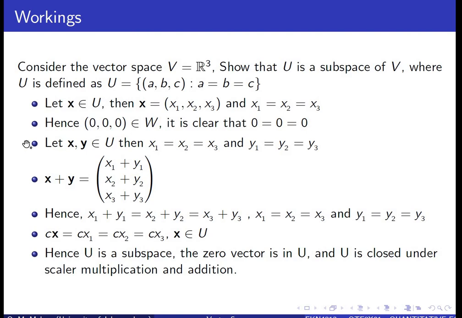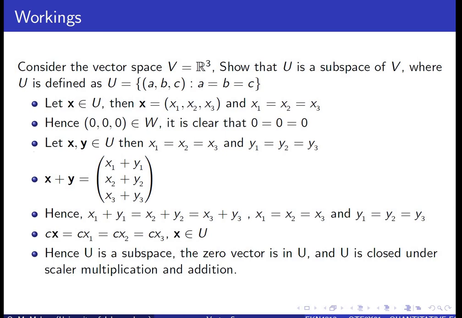Hence the 0 vector in R3 is in U. If I talk about the 0 vector in R3, it means that every component is 0 in that element. So the 0 vector in R3 is clearly in U, because 0 equals 0 and it also equals 0. So every component is equal to 0.